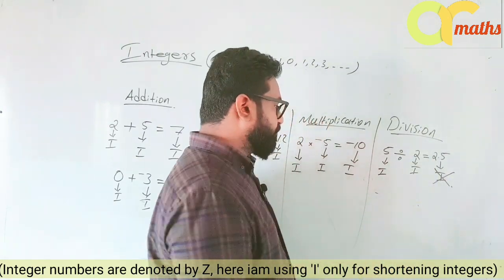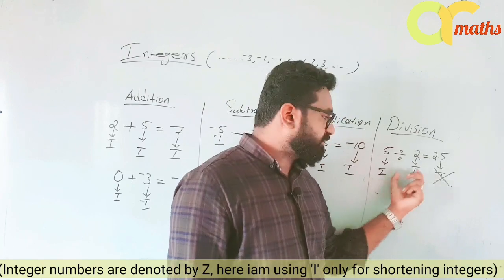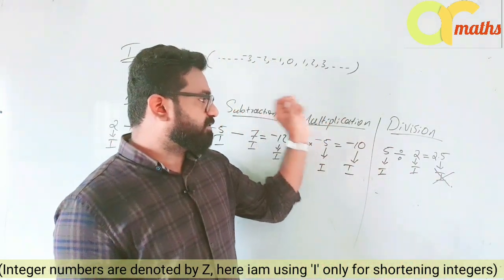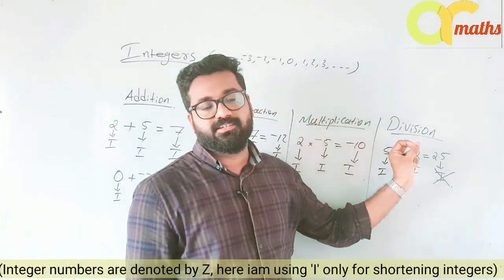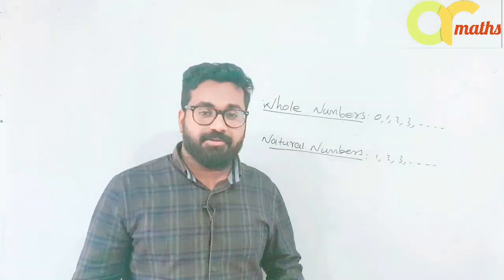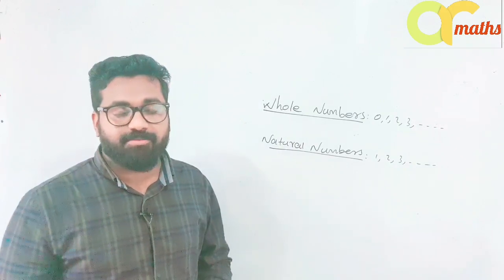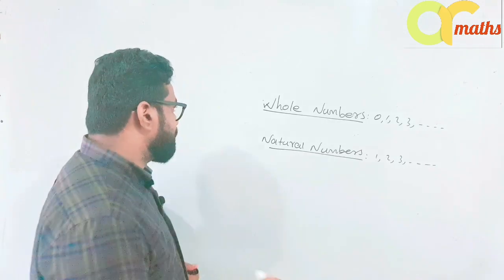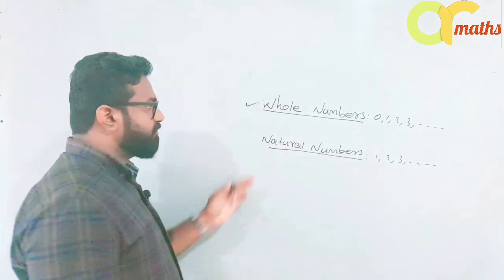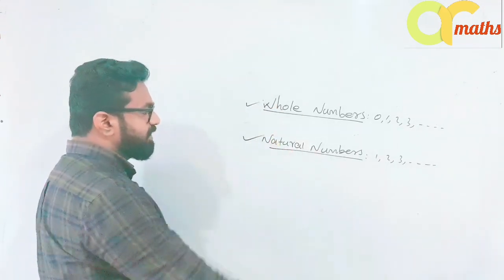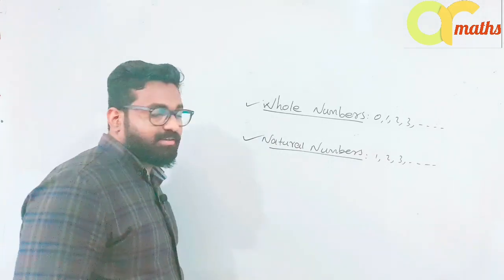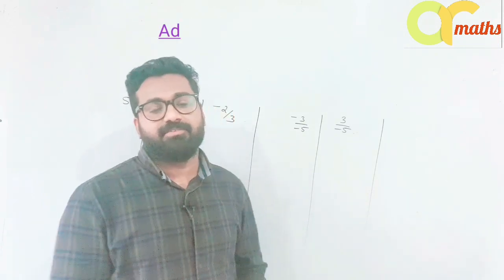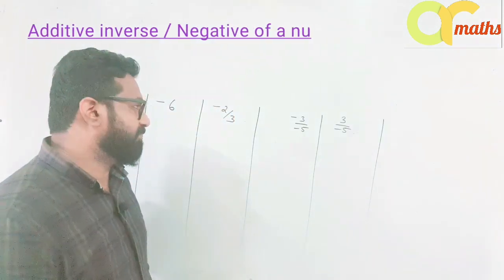So here the input is an integer and the output is not an integer. Therefore, integers are not closed under division. Clear? So here we discussed the closure property of rational numbers and integers. Similarly, do the closure property of whole numbers and natural numbers yourself as part of your homework.